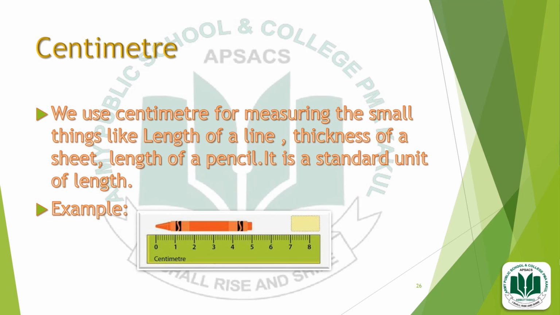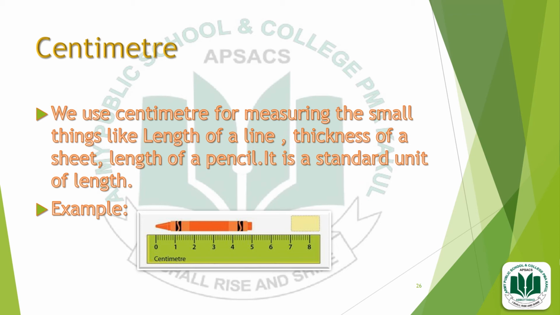Now students, I explain these types one by one. Centimeter. We use centimeter for measuring small things like the length of a line, thickness of a sheet, length of a pencil, length of an eraser. It is a standard unit of length.